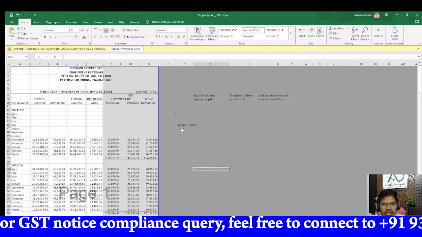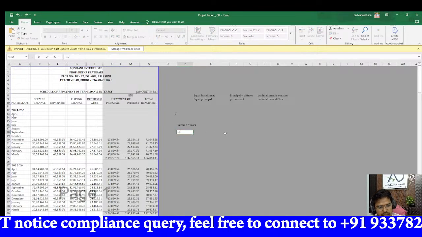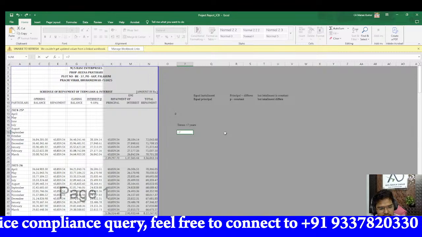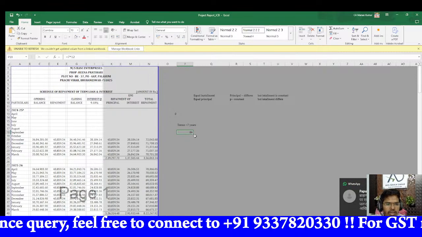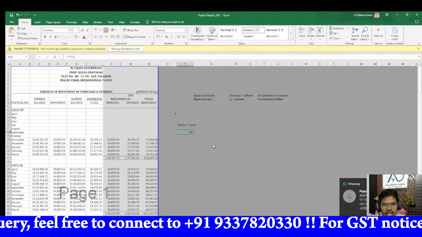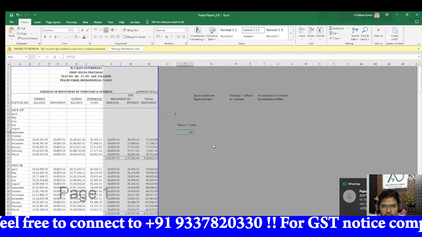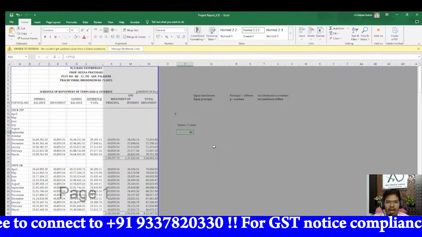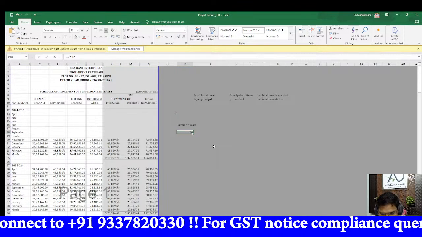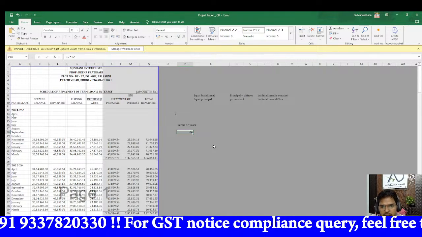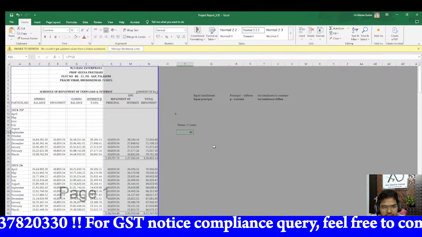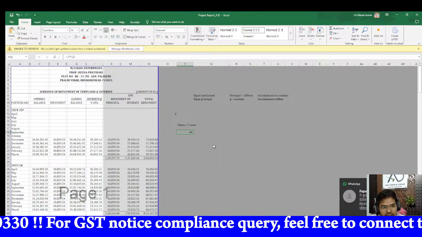That means 7 years into 12 months, which means 84 installments I have to pay. That means whatever loan amount I have received, the amount that has been disbursed to my account is to be equally divided by 84.